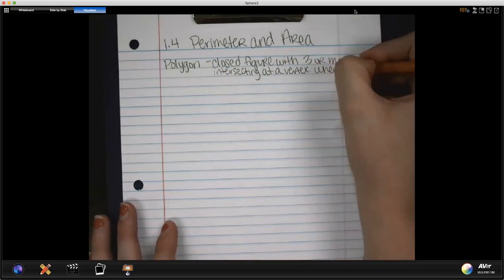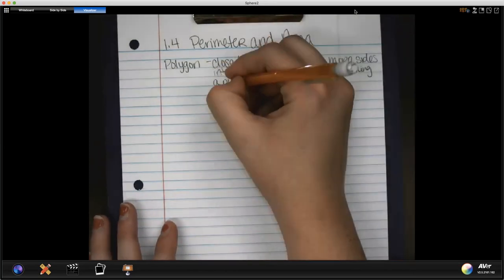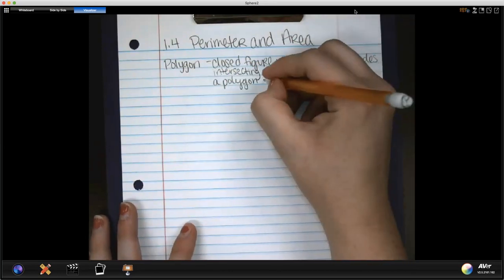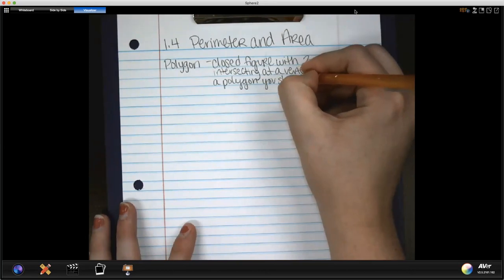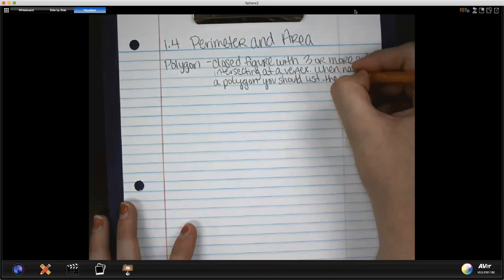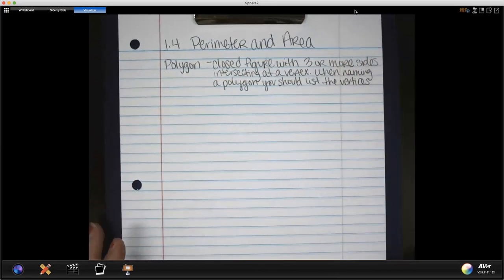When naming a polygon, you should list the vertices, which is just the plural version of vertex.